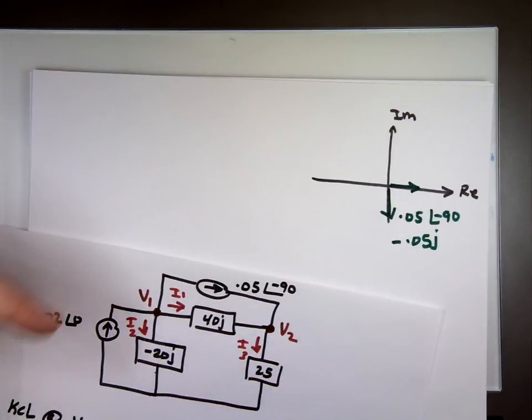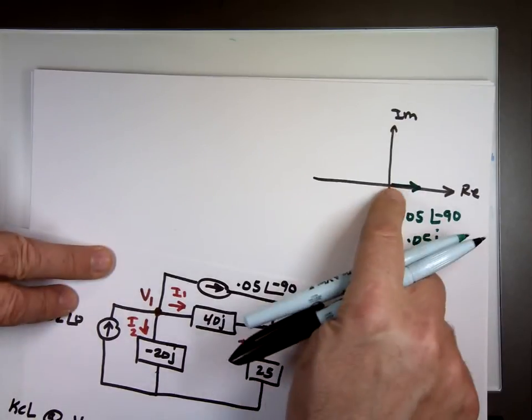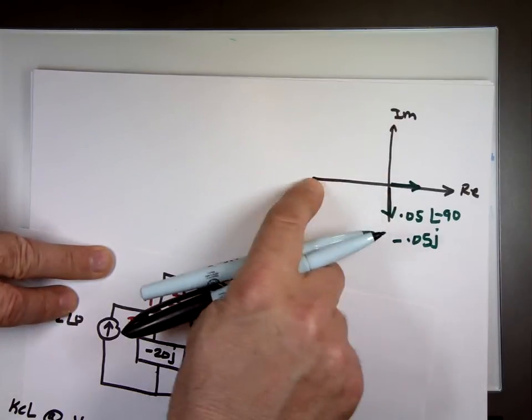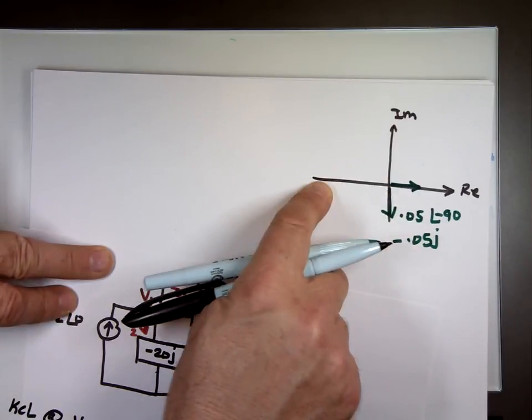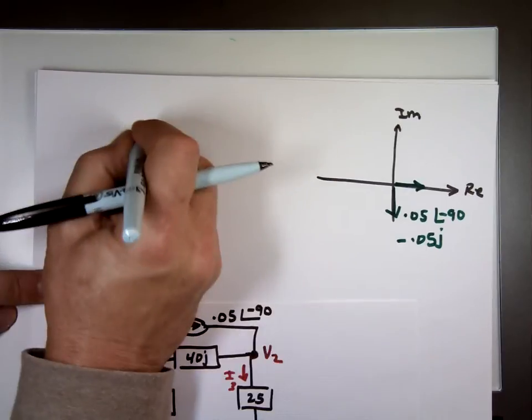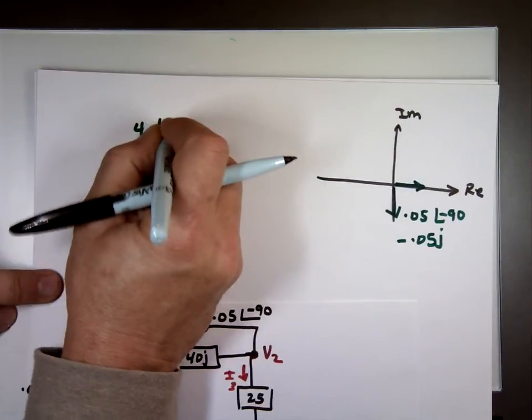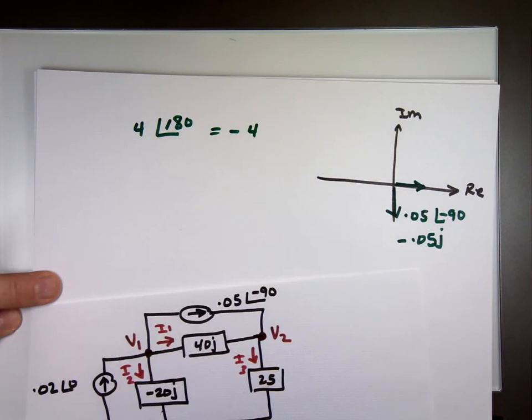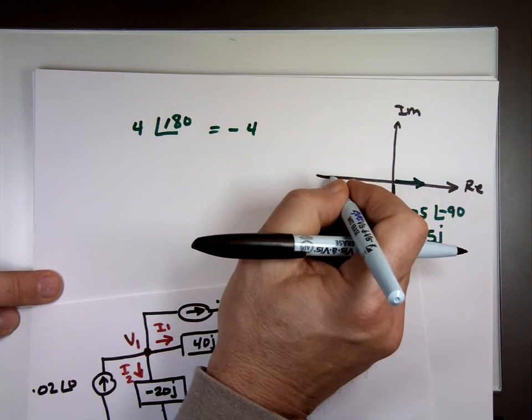So a lot of times you see me take the negative 90, make it negative j. If it's plus 90, I write that as plus j. If it's 180, that's in this direction, I just change the sign to a negative value. So if I have 4 angle 180, I go, oh, that's the same as negative 4. Real value only.